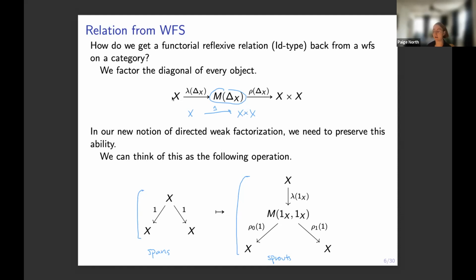Okay, and let me also give another criterion for what we want to accomplish here. If we have a weak factorization system, I should call this delta X, we can form this commuting square, where this is the lambda, this is the rho, this is the lambda, and this is the rho followed by the twist map.